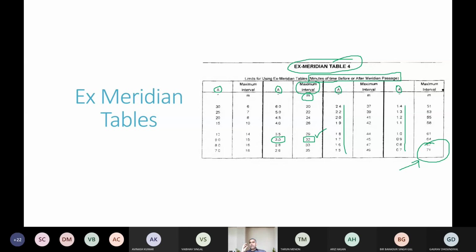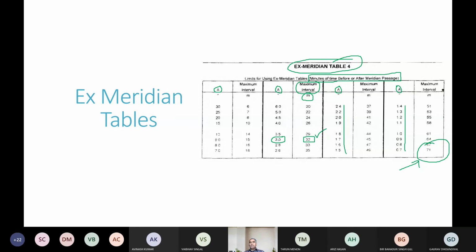So just keep it in your mind. Sometimes it is required in the questions. I will tell you where it is required. Otherwise, also somebody can ask you during orals, what is the maximum time interval for which a body can be suitable for x meridian? So this table immediately gives us a ready reckoner, a ready-made value that it's about 71 minutes.